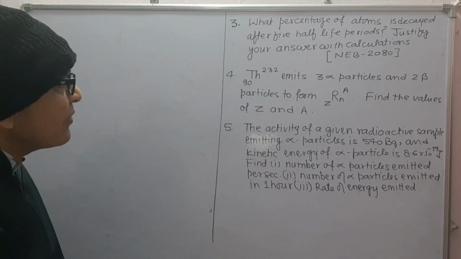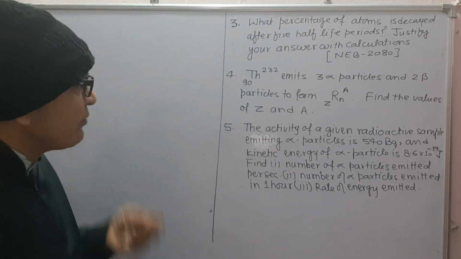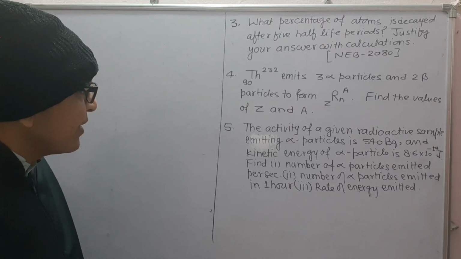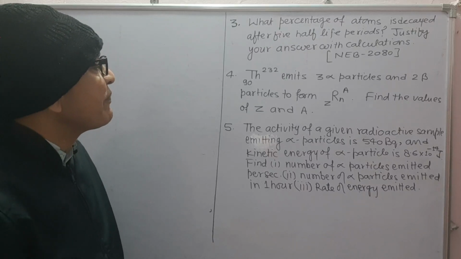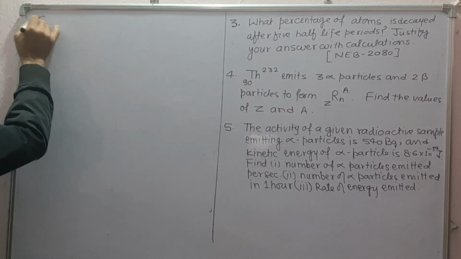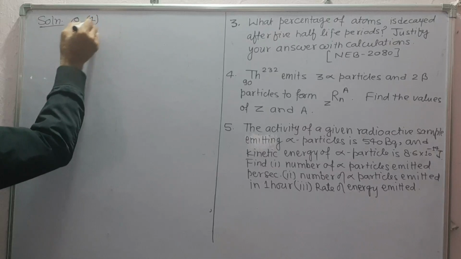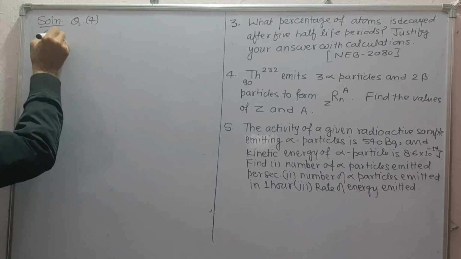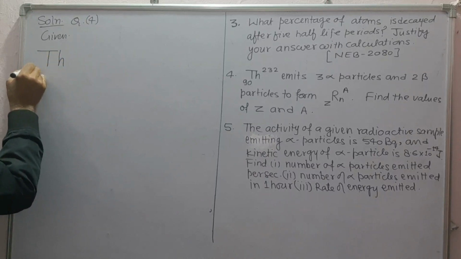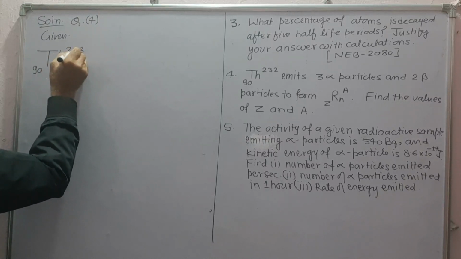Next question number 4. Thorium 90, 232 emits 3 alpha particles and 2 beta particles to form radon. Find the values of Z and A. Solution to question 4. Given, this is thorium having atomic number 90 and mass number 232.